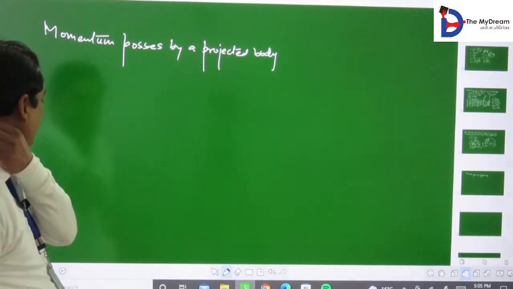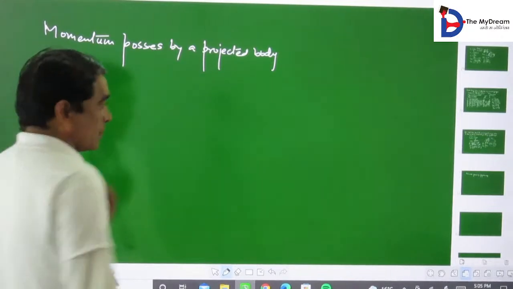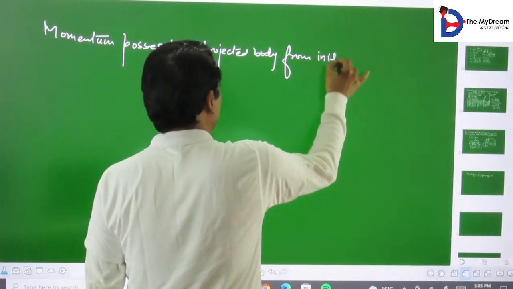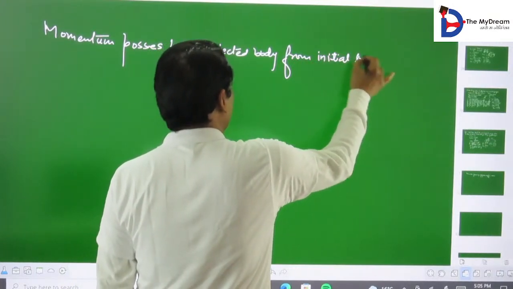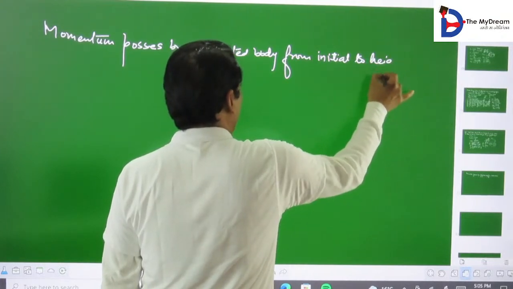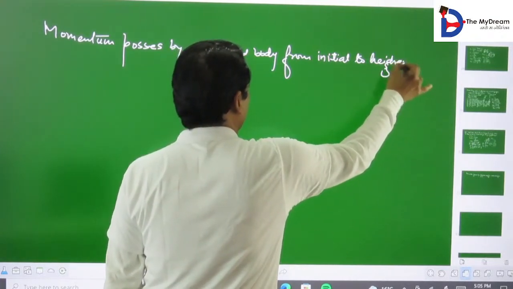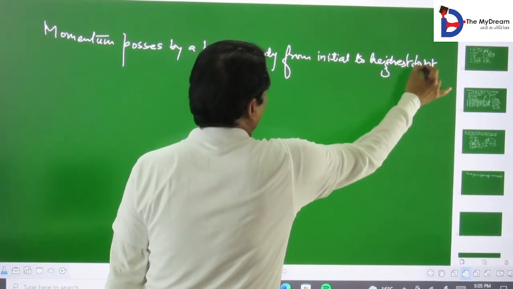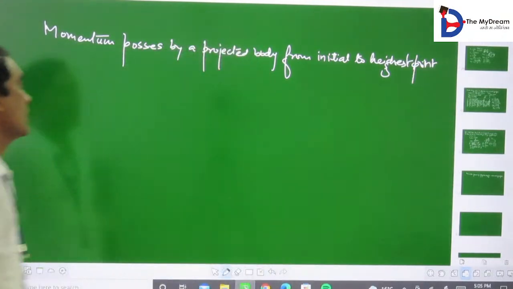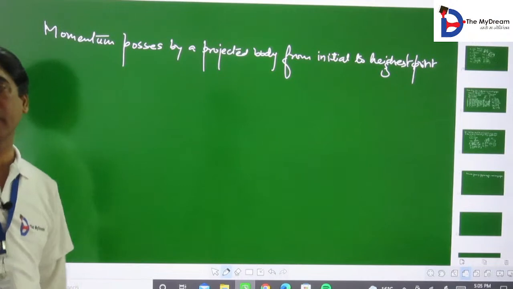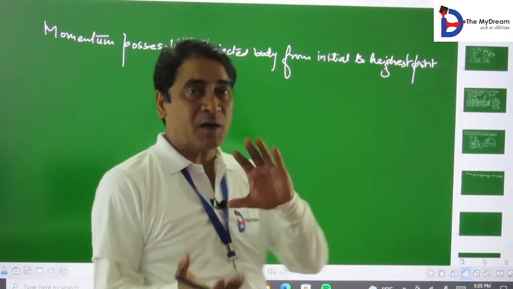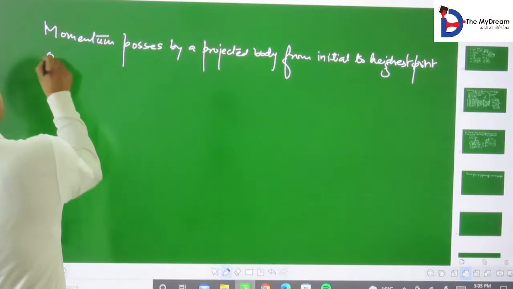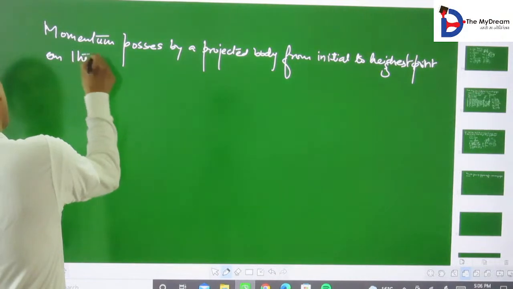The momentum possessed by a projected body from initial to the highest point on the vertical component.